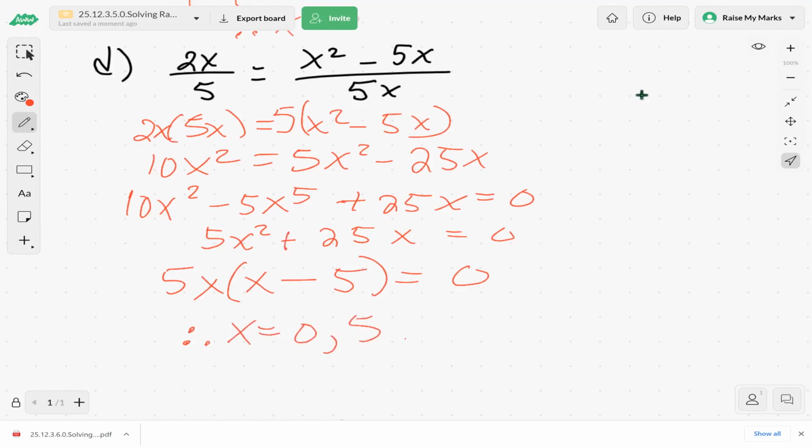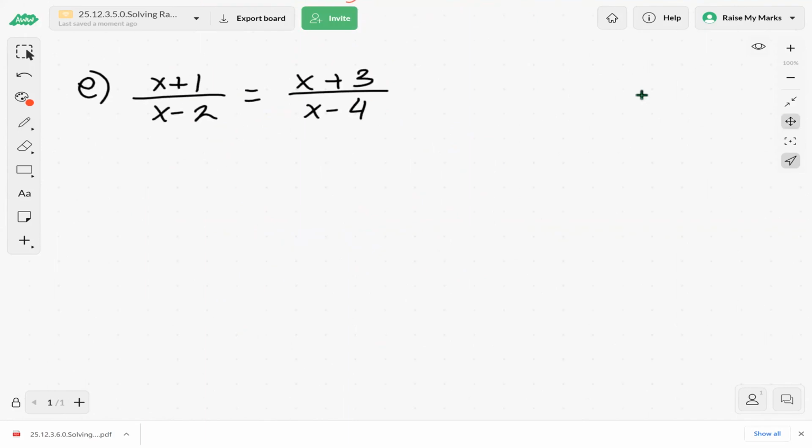No. Again, always check your work. Good. Notice we have 25x, and when we factor out 5x, we're left with x plus 5 in the brackets. So that means x equals 0 or negative 5. Good. Again, always check your work. I have to. And one last exercise.